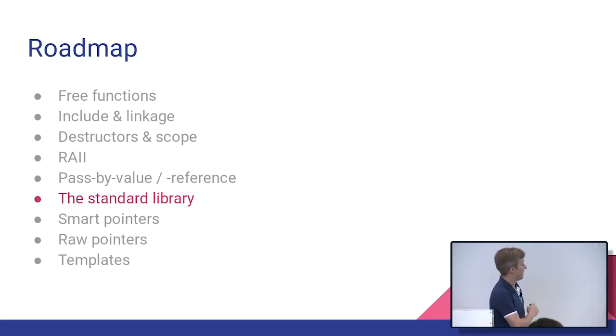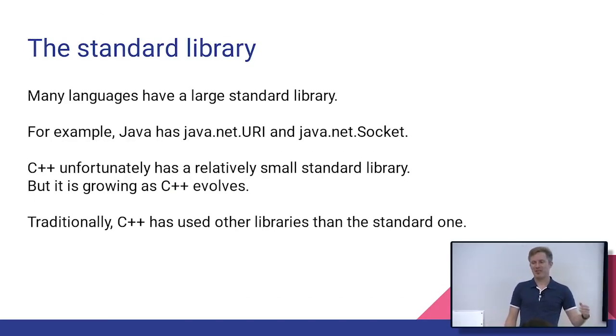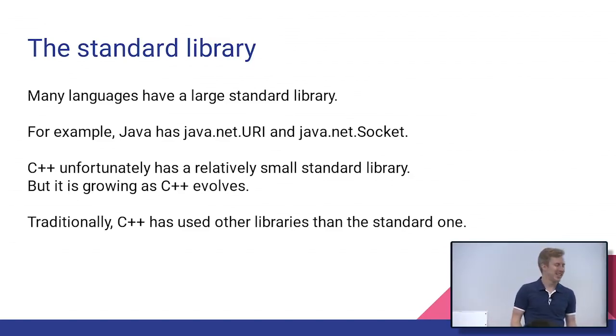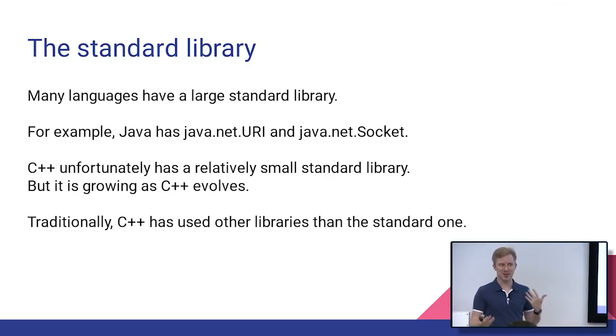Okay, the standard library. We're almost to our ugly section. We're getting there. So most languages, I've been picking on Java. Java has a fantastic standard library. It gives you so much functionality. There's sockets, there's everything. In C++, we have almost nothing in the standard library. It is itty bitty. And that's actually kind of C++'s weak point.